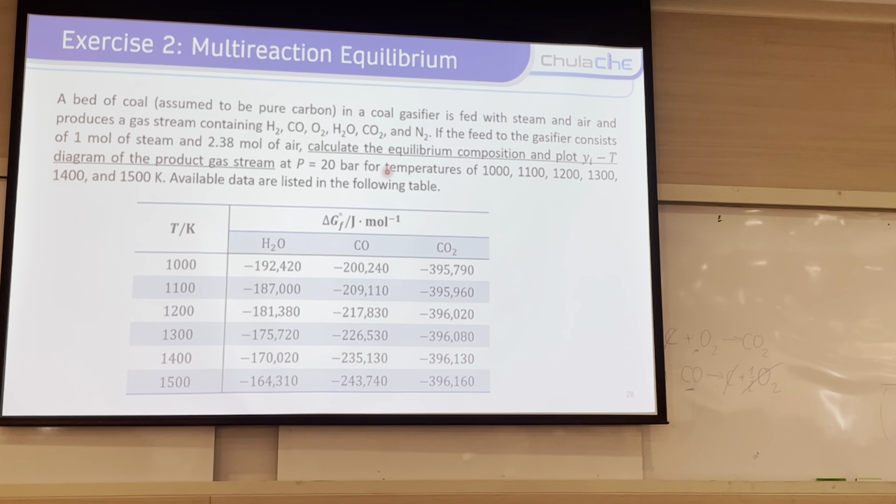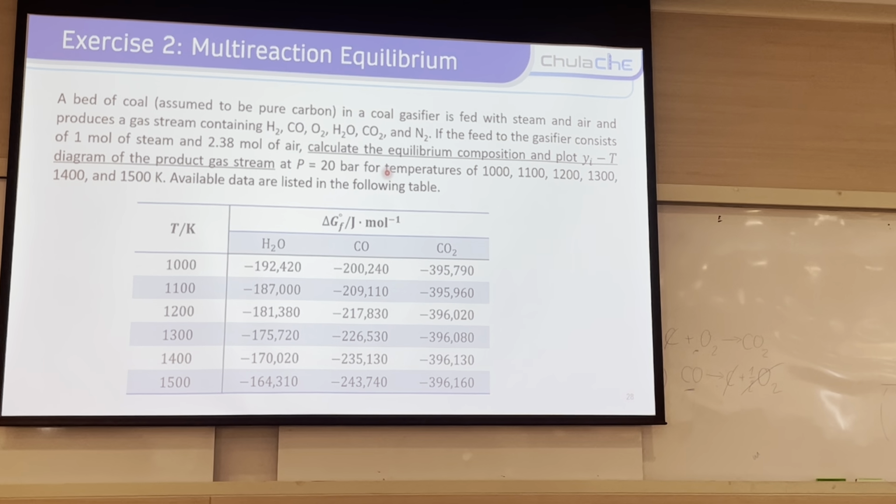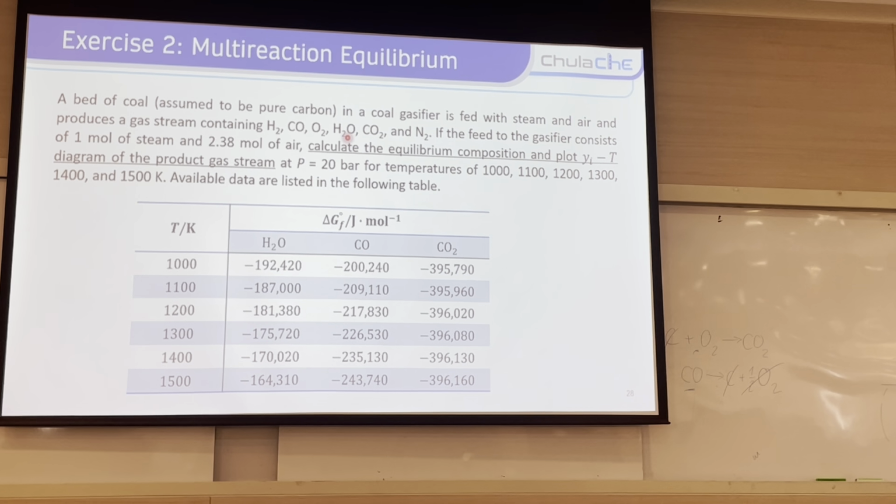When you have a mixture of many components and you want to know how many chemical reactions, you have to start with the procedure of writing the formation reaction. And when you write the formation reaction, it is for the compound only. Compound means only carbon monoxide, carbon dioxide, and water in this case.